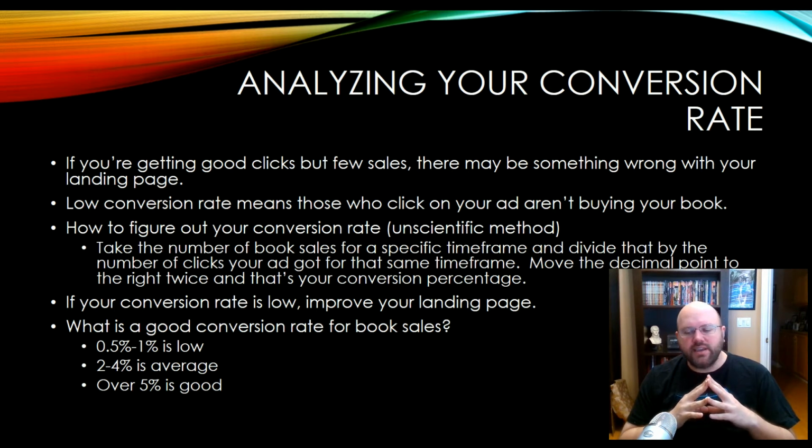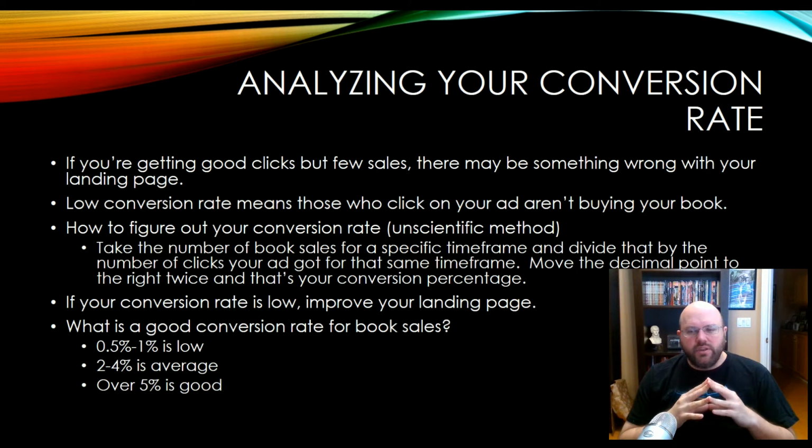Okay, so let's say within 7 days you made 10 sales. Then you go and you look at the number of clicks that your ad got within that same time frame. So you go into Facebook, you choose the option to look at the last 7 days, and Facebook tells you, okay, you got 1,000 clicks over the course of 7 days.